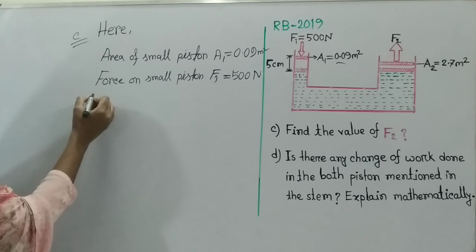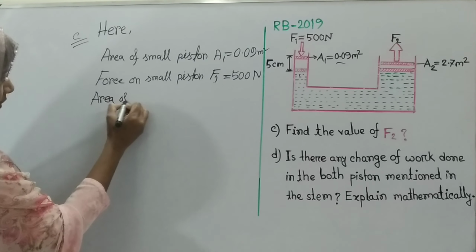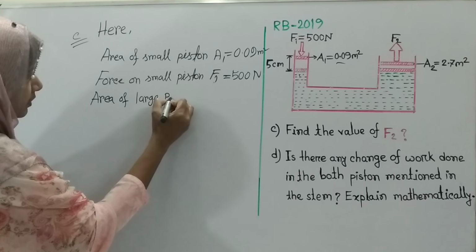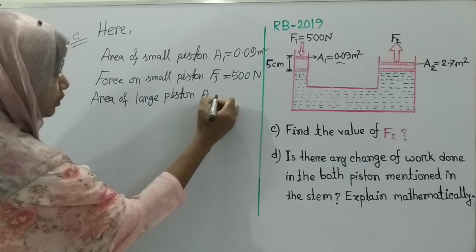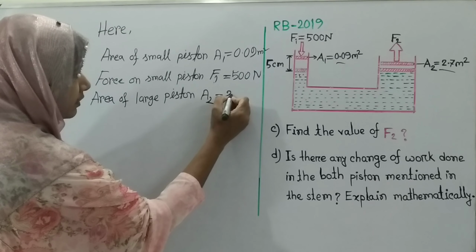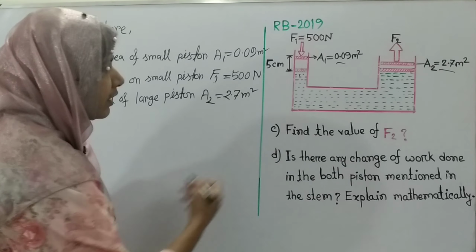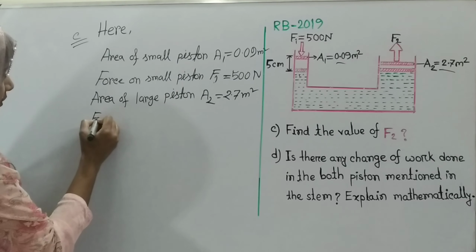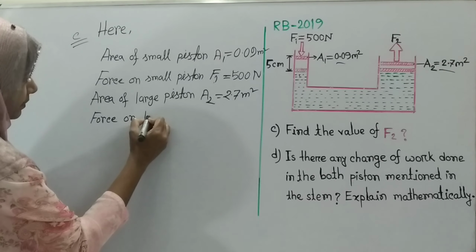Now the area of large piston A2, here the area of large piston is 2.7 meter square. Now we have to calculate the value of F2, that means force on large piston.